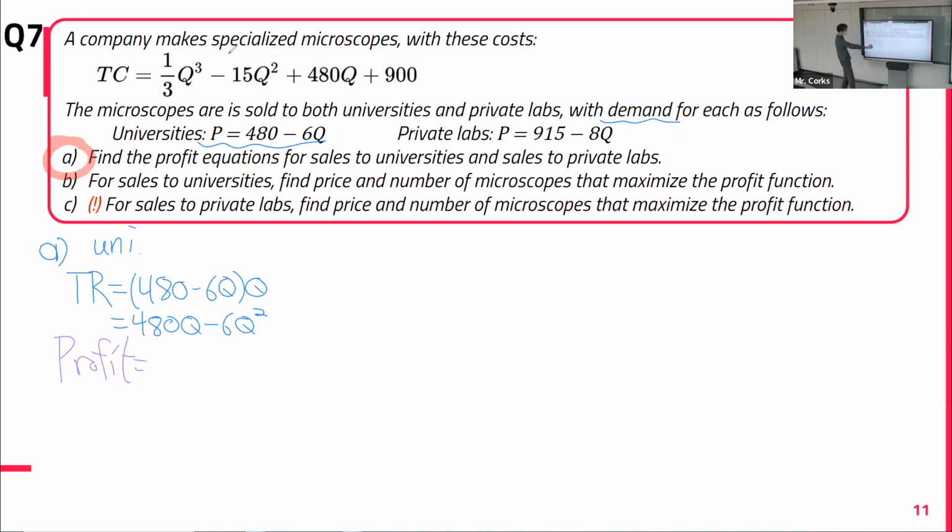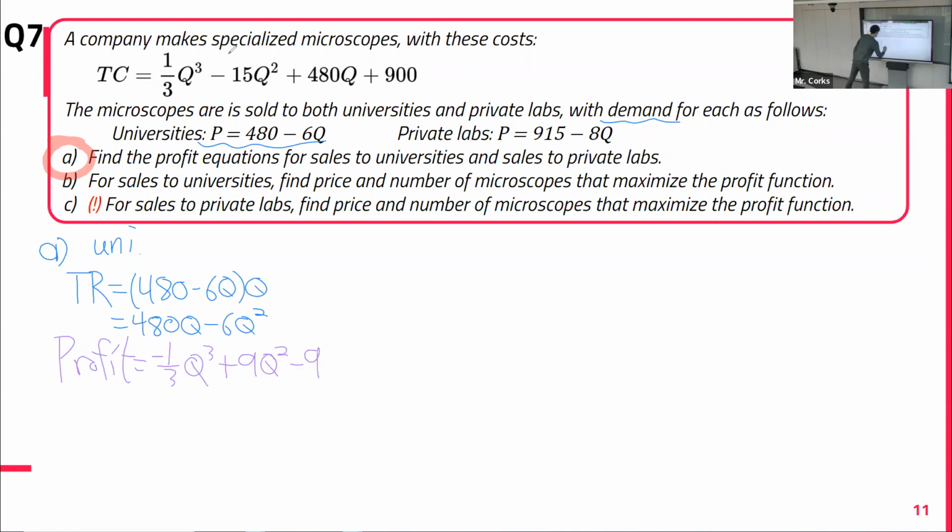Again, I won't write out the two things originally. Tell me what the actual profit equation will be, from our biggest exponents down. Negative 1/3 Q cubed plus 9Q squared. Sorry, one more time.